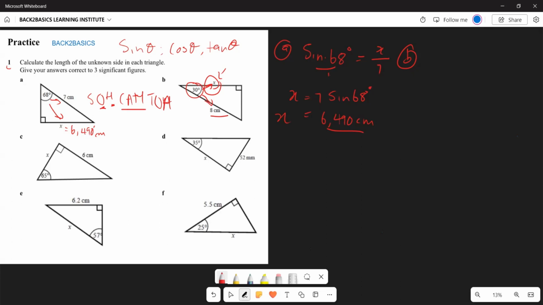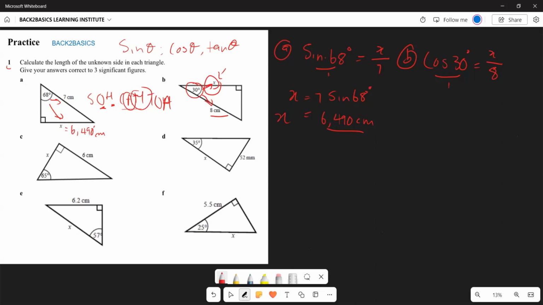So the ratio that you are going to use is cos, because cos has adjacent and hypotenuse. So this is going to be cos of 30 degrees, which is adjacent, x, over the hypotenuse side, 8. Again, this is the same as over 1, so you can cross multiply.